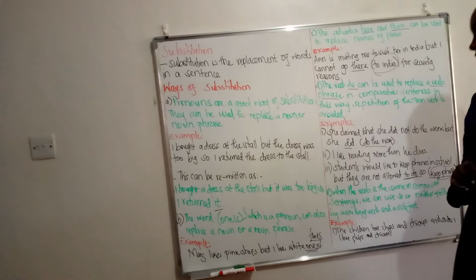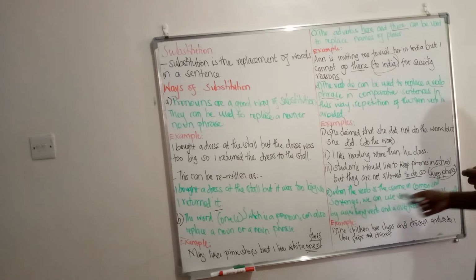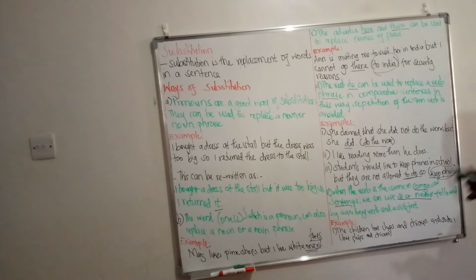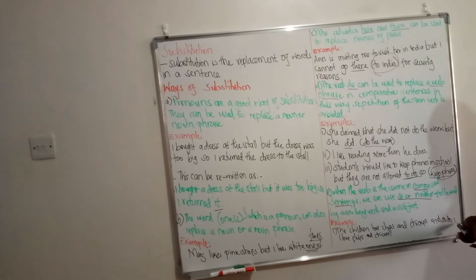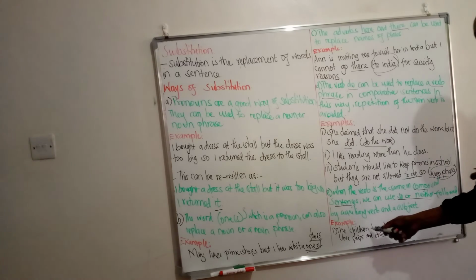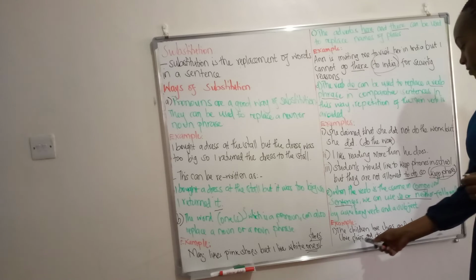Our last way of substitution. When the verb is the same in compound sentences, we can use so or neither, followed by an auxiliary verb and a subject. For instance, the children love chips and chicken, and so do I. Now, this sentence before substitution of so do I was the children love chips and chicken, and so I love chips and chicken.